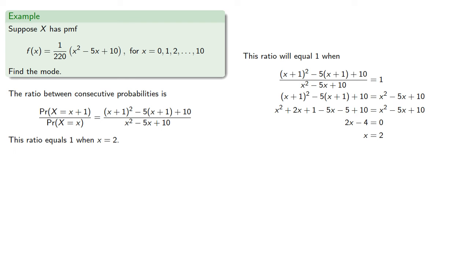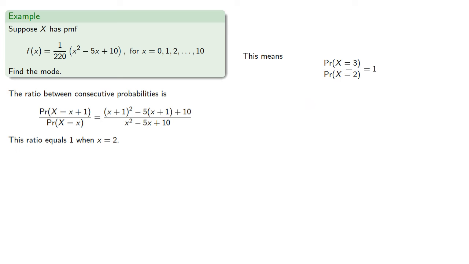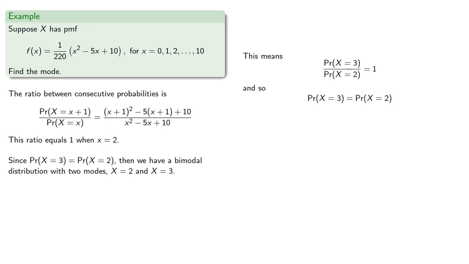And we find x equals 2. And this means that the ratio of the probability x equals 3 to the probability x equals 2 is 1. And so the probability x equals 3 is the probability x equals 2. And since these probabilities are equal, then we have a bimodal distribution with two modes, x equals 2 and x equals 3. Or do we?